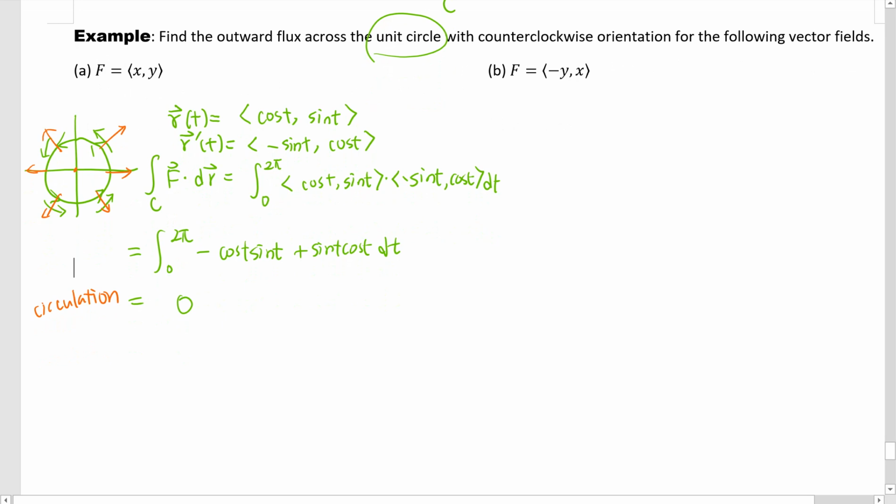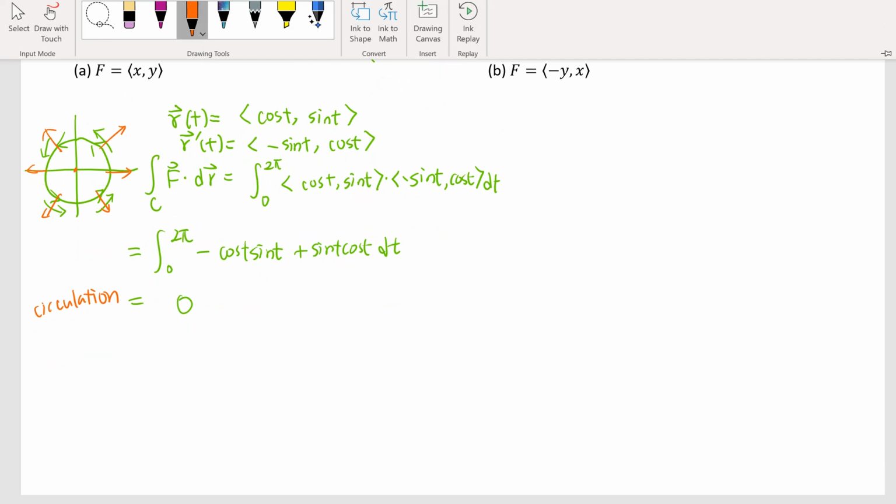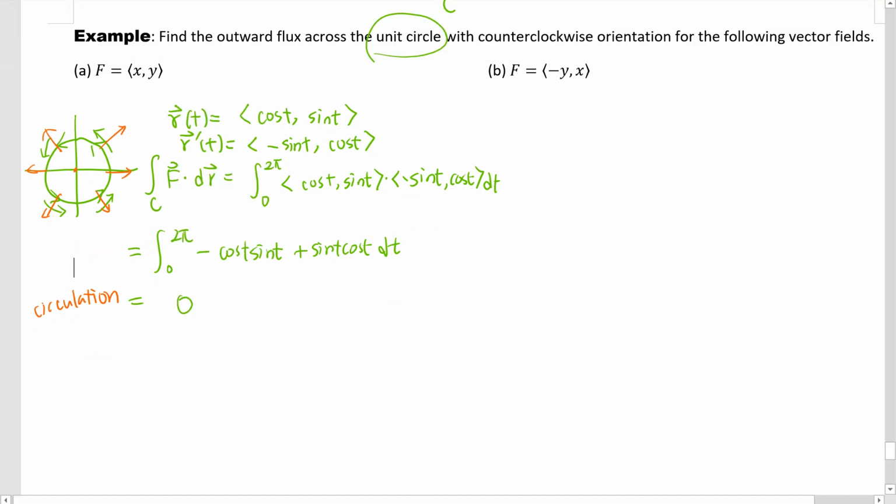Okay, now how do we compute the flux? Well, let's use a different color. Let's use pink. Okay, so in order to find flux, we need to find n. So what is n? Well, n, remember, is ty minus tx.